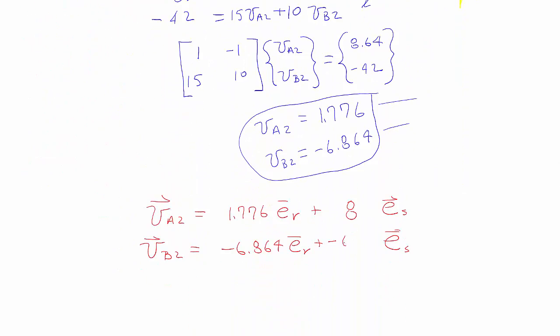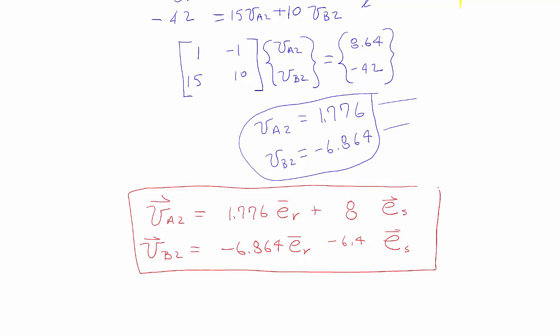Okay, minus 6.4, which might as well get rid of that. Okay, so this is the velocity after impact. Now you could go do a variety of things, but this is essentially it.